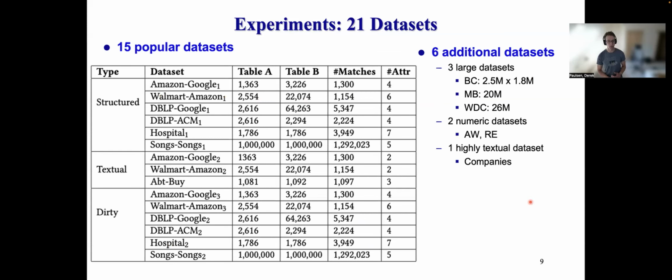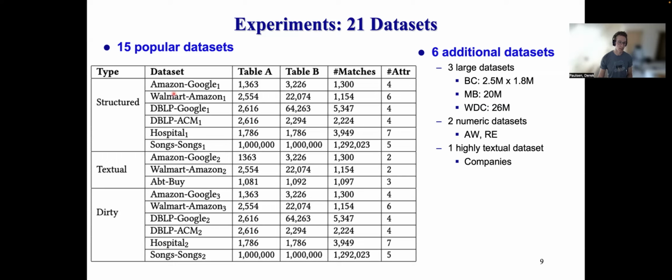Moving on to our evaluation, we experiment on 21 data sets. 15 of these are popular entity matching data sets that come in 3 different flavors. We have structured, which is typical relational data, textual, which has most of the content in a single textual attribute, and dirty, which is relational data with missing attributes or misspelled values.